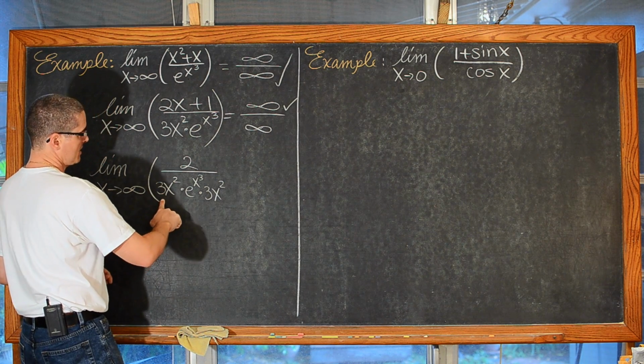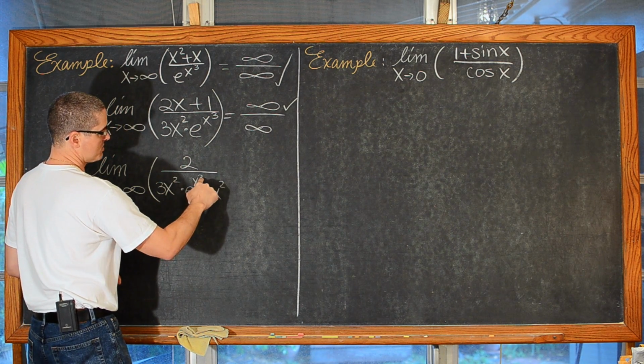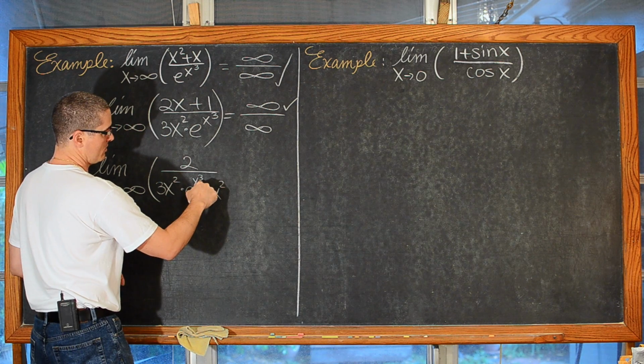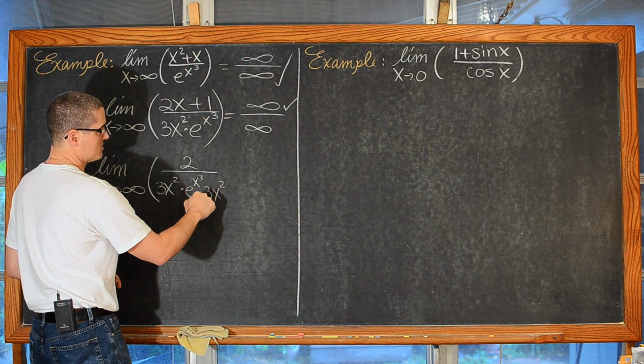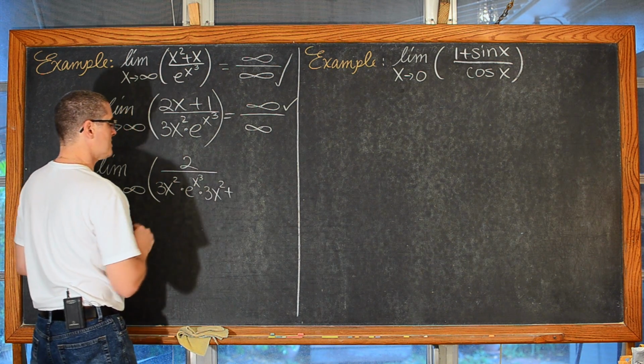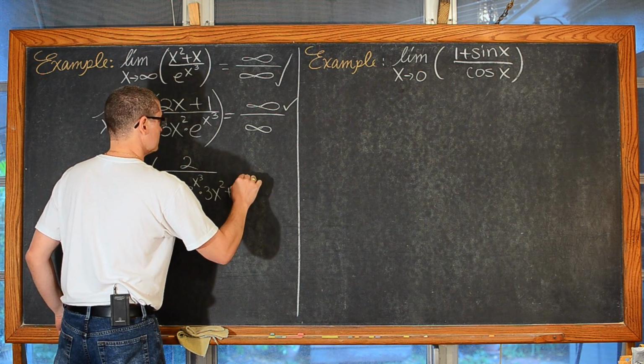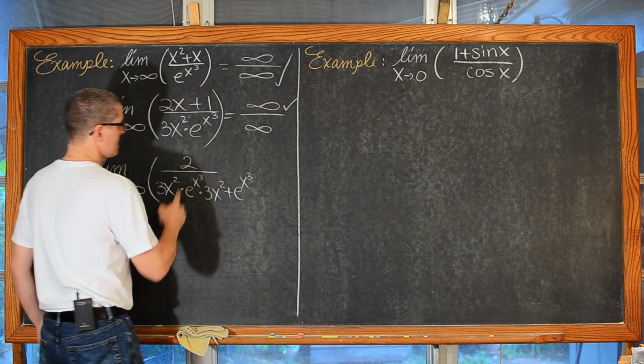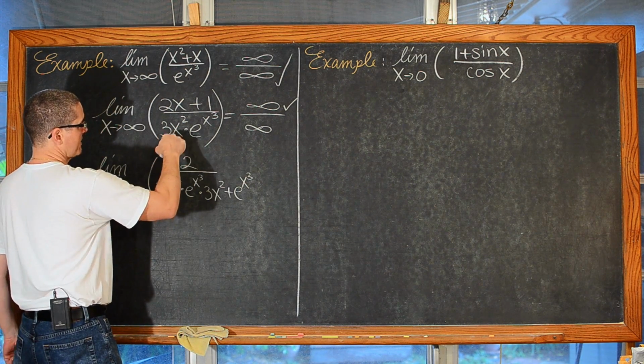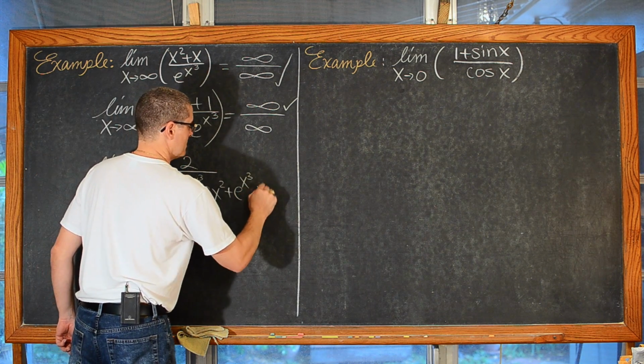We're using that chain rule again, the derivative of e to the u is e to the u times u prime, plus the second, times the derivative of the first, and that is going to be 6x.